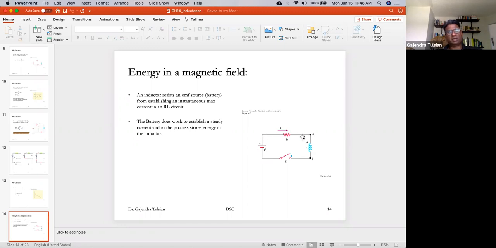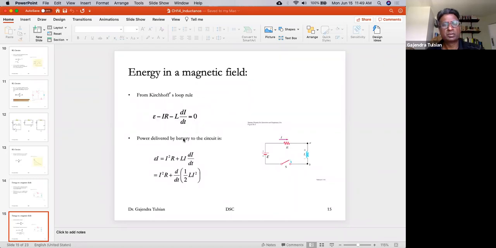So for instance, when you lift a box up, you're doing work on the box, and so you're storing gravitational potential energy in the box. Just like that, when the battery does work, it must be storing energy, and it turns out it's storing energy in the inductor. So the battery does work to establish a steady current, and in the process stores energy in the inductor.